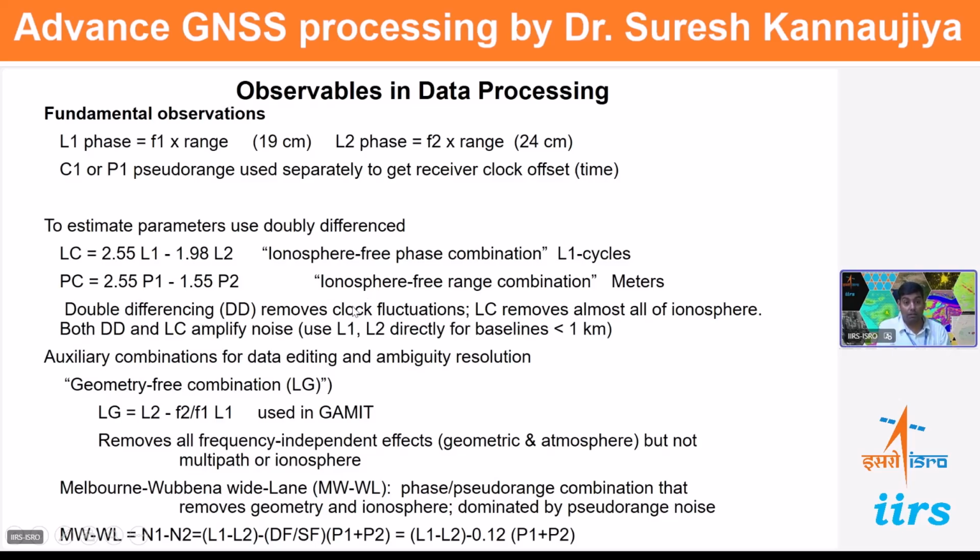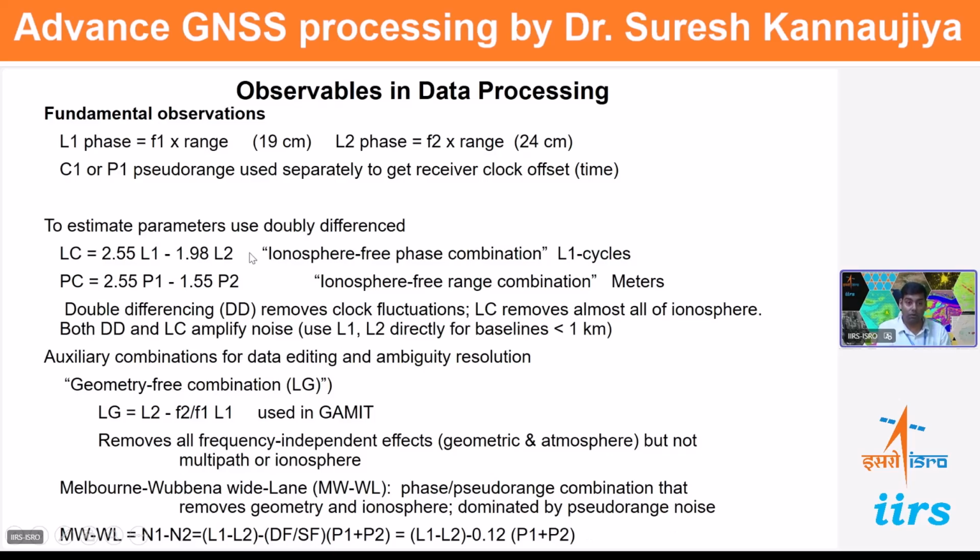Double differencing removes the clock fluctuation, and the linear combination removes the ionospheric error present in the data. Then we also make the geometry combination through these equations, and we use the MW and WL combinations, the phase or pseudo-range combination, that removes the geometry and ionosphere, dominated by pseudo-range noise.